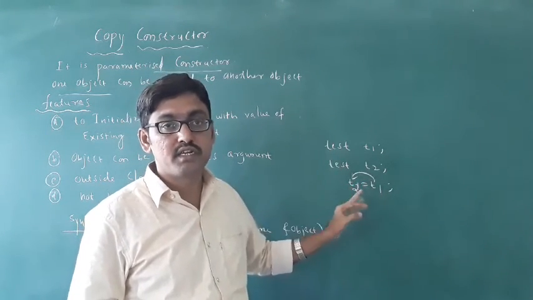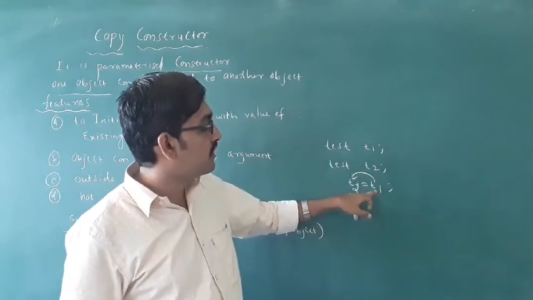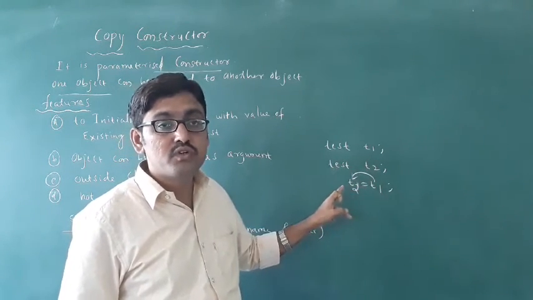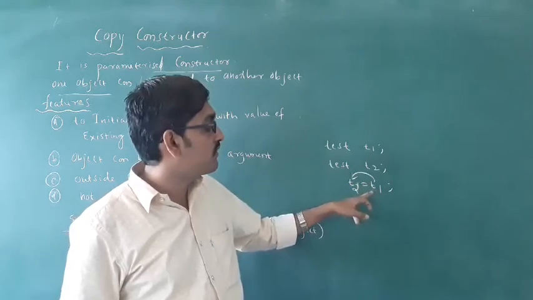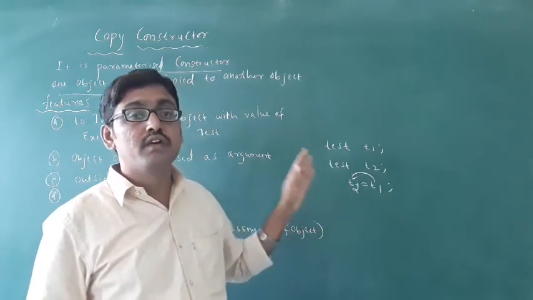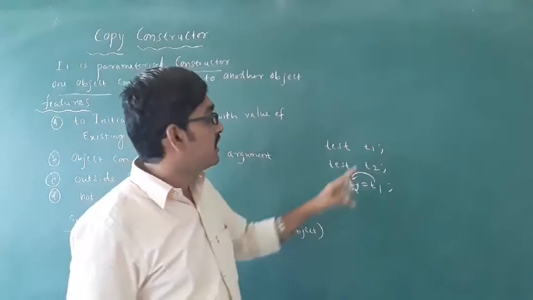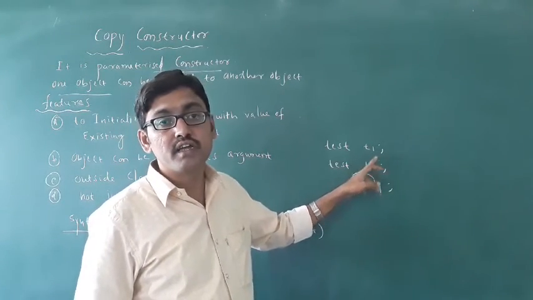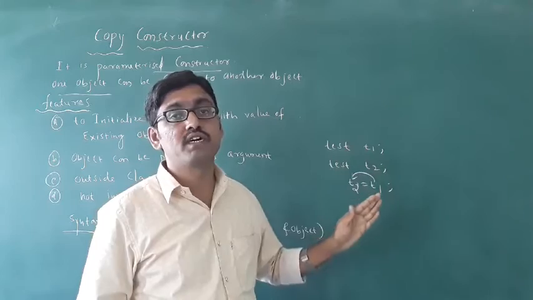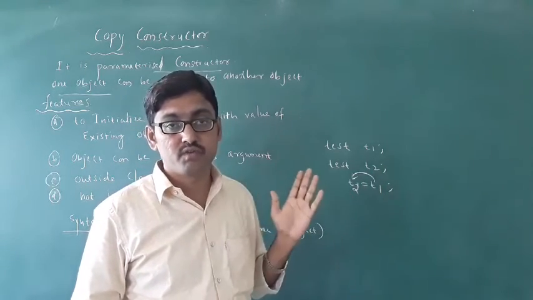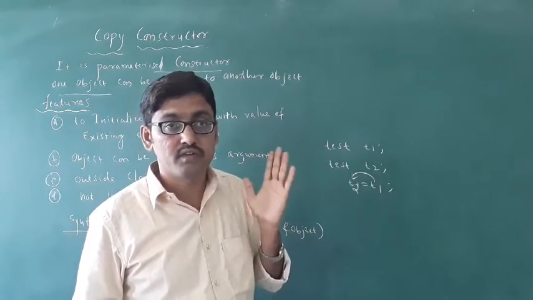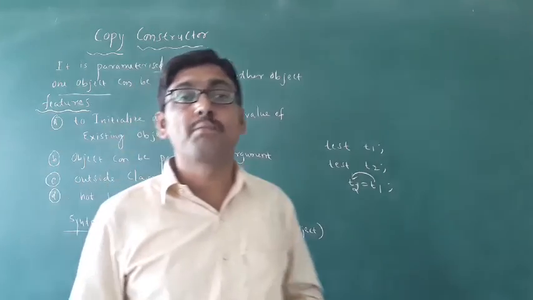It means the t1 value will go to t2. The t1 value will be copied to the t2 object. In t1 you have 25 and in t2 also you have 25. This is nothing but a copy constructor.